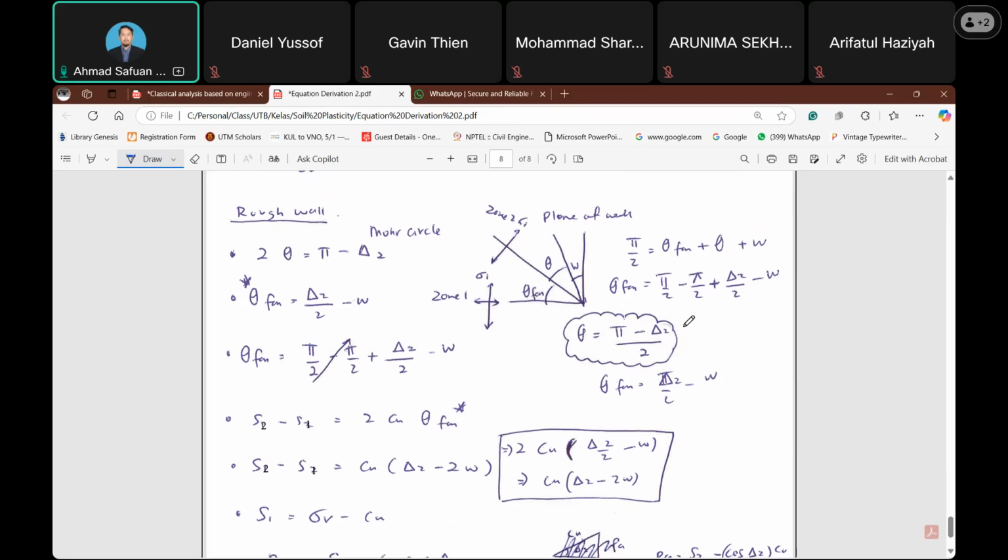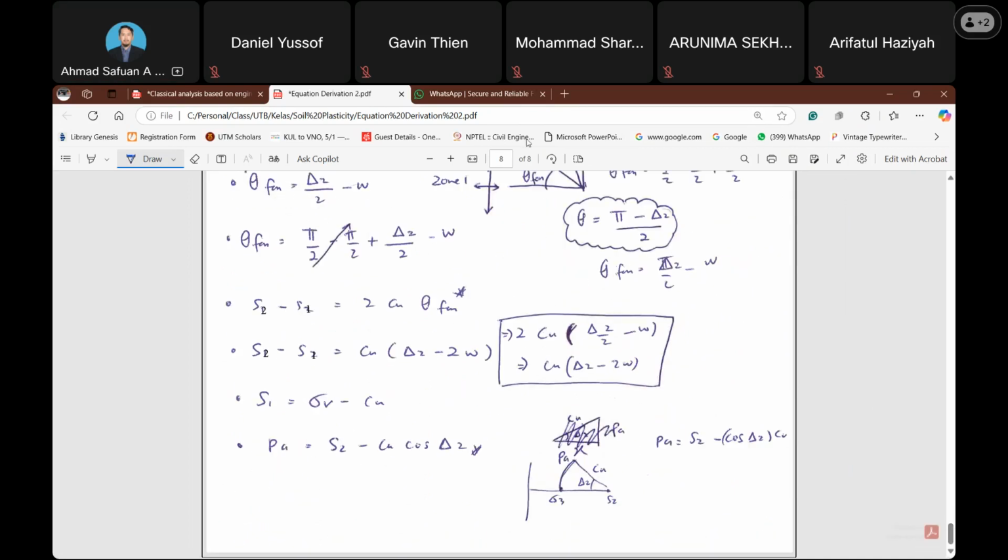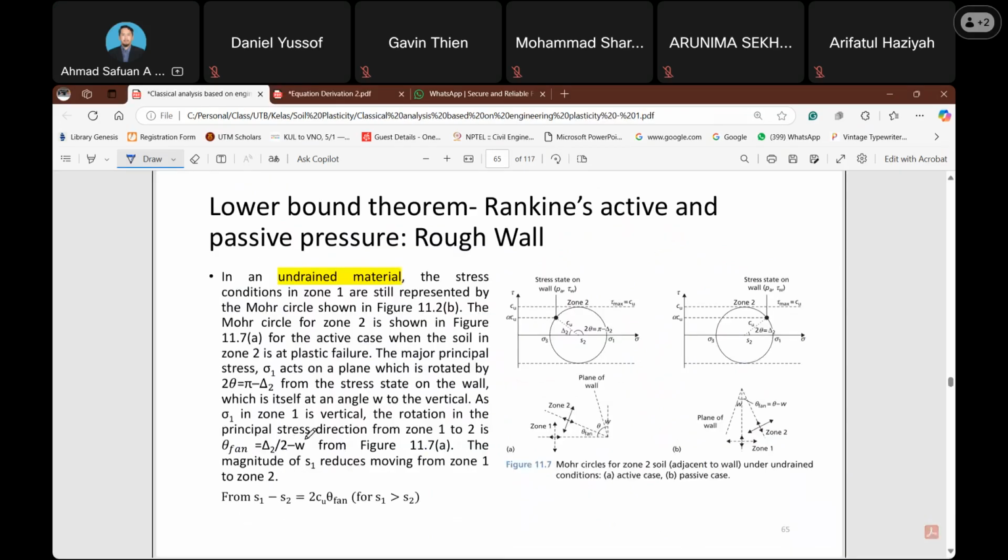Then include this theta inside this equation. Later on, we obtain the theta fan is equal to delta 2 over 2 minus W. So this is how the value has been derived.